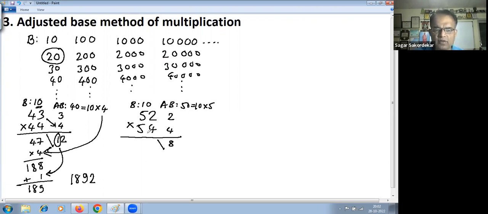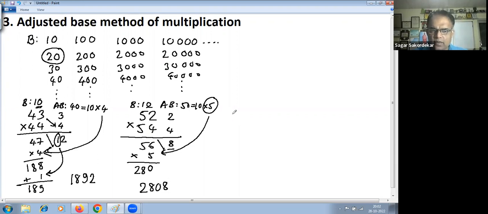Cross addition, 52 plus 4 is 56. Apply the relation to the left, into 5. 5 6s are 30, 0 carry 3, 5 5s are 25 plus 3, 28. One 0, one digit, so it is correct. Just join and the answer is 2808.